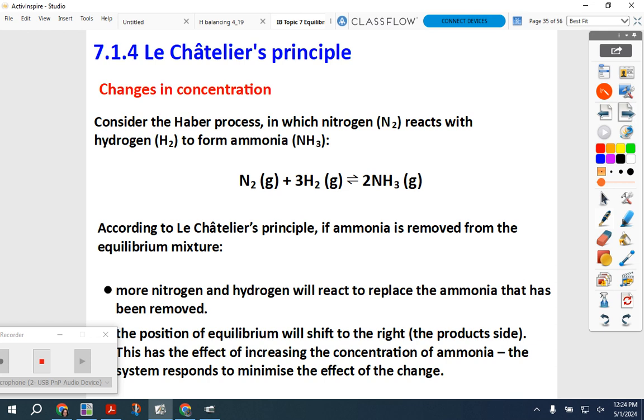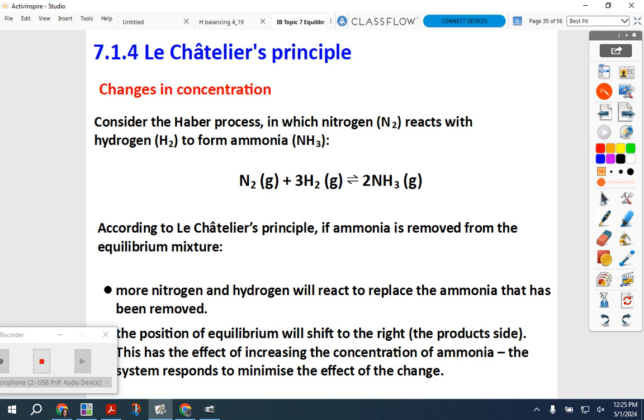Once we do that, we've lowered that concentration, and now our reactants are going to compensate for that by making more ammonia, because our concentrations will be out of whack with respect to our equilibrium constant. So whatever we do, the system is going to shift to compensate. If we remove or decrease the amount of ammonia, the equilibrium system is going to shift to make more, to make up for the fact that we took a bunch out.